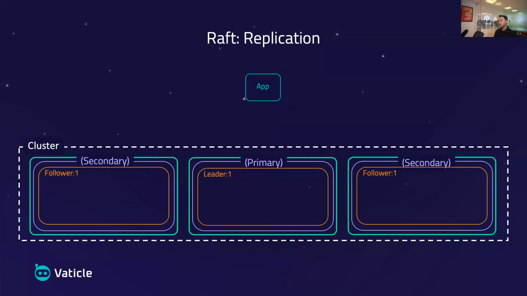Specifically, the guarantees are that the writes will eventually be replicated across all replicas, and the writes will be executed in exactly the same order between replicas, because obviously if the writes are executed in different order between different replicas, then it's going to be a big problem, because that may lead to data inconsistency, right? So this is also guaranteed by Raft.